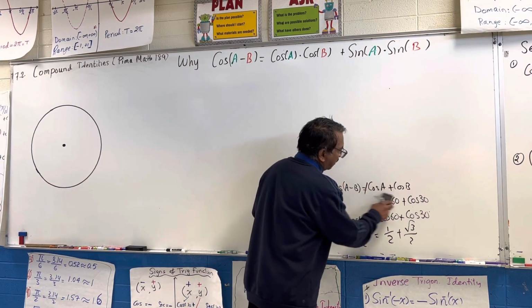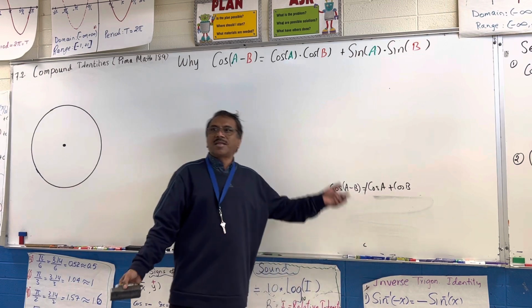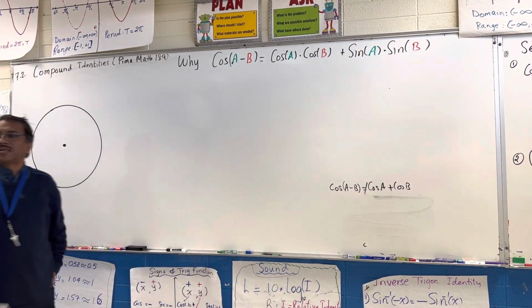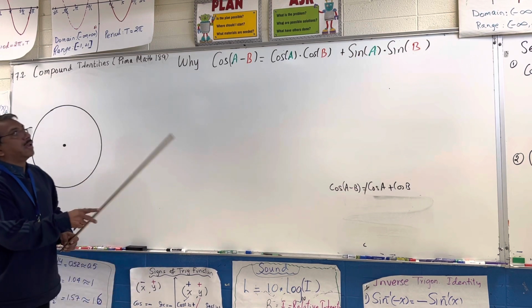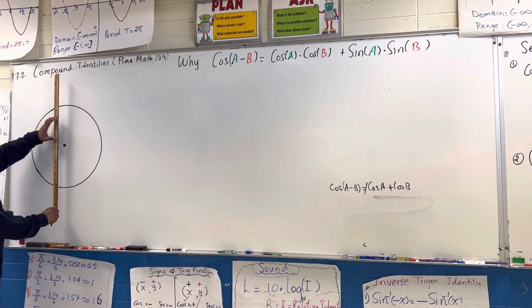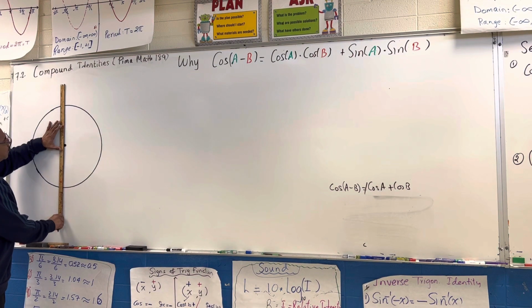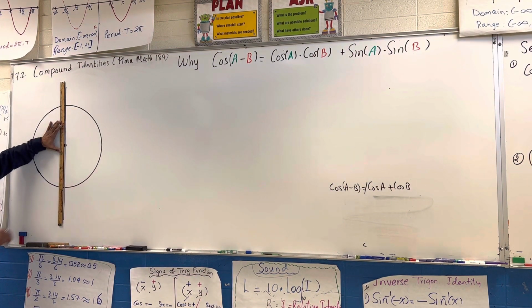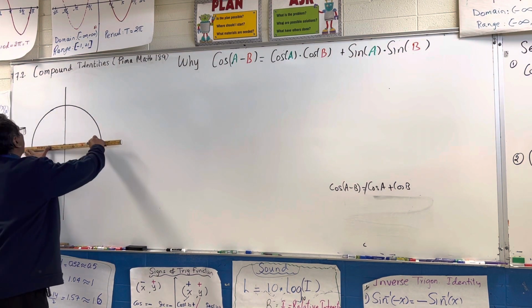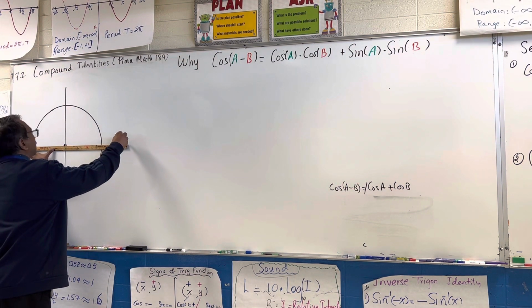If that formula doesn't work, then what works? That's why we have something like that. Can you see that? So we want to know. What I'm going to do is take those angles A and B using the circle. Can you draw this quickly on your paper? Then the x-axis, y-axis.